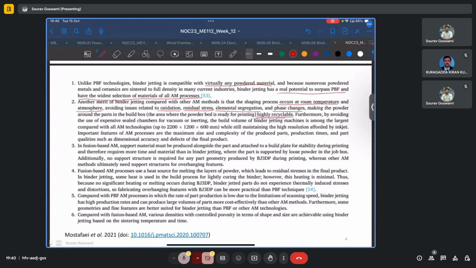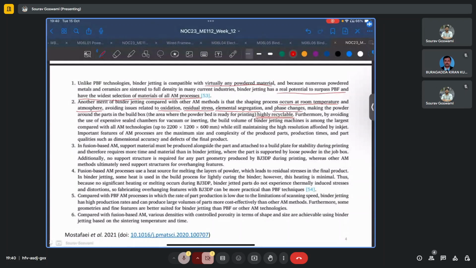If you remember, during our discussion for, say, laser-based or electron beam-based powder bed AM processes, we discussed how while there is still a chance to recover and recycle the loose powder surrounding the parts, in those processes, because of the high temperatures encountered, these powders are also exposed to the high temperatures by being in the neighborhood of the parts.